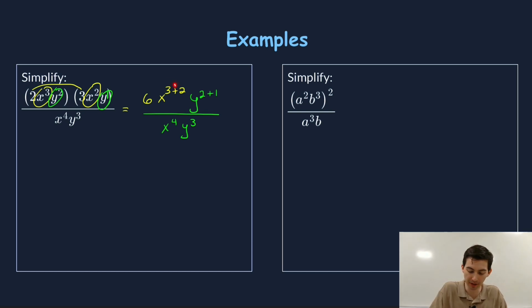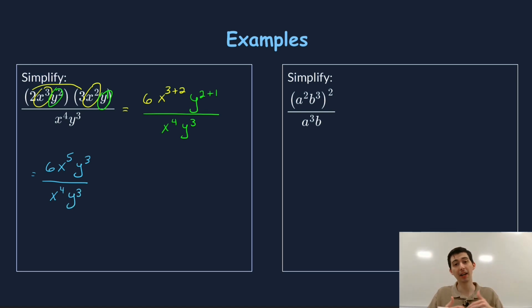Okay, now let's simplify this a little bit. Let's add those exponents up. So I'm going to say this is 6x, 3 plus 2 will give me 5, and y, 2 plus 1 will give me 3, all over x to the 4 y cubed. And now I can divide these two, and remember when we divide, we're going to subtract the exponents.